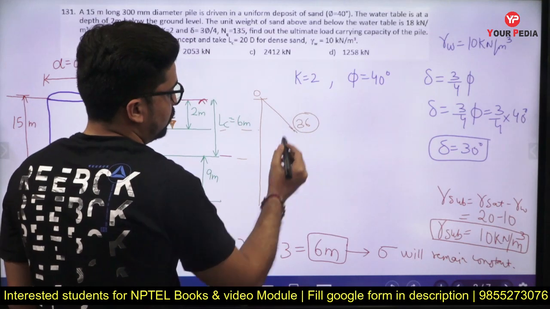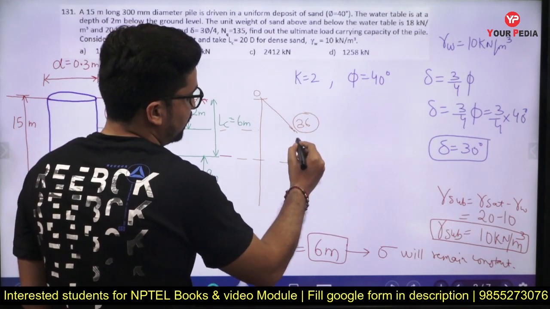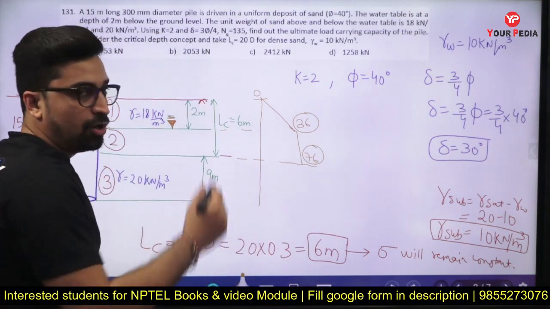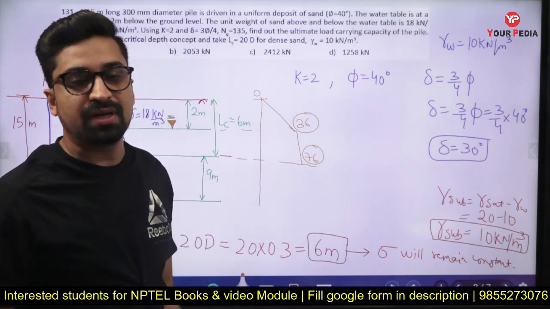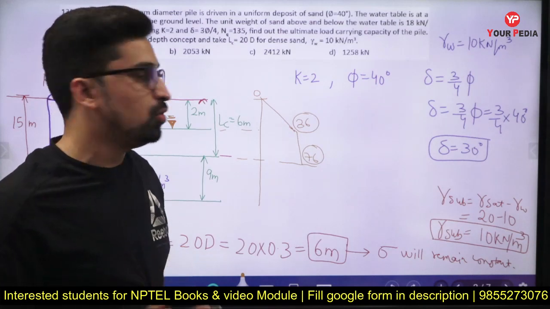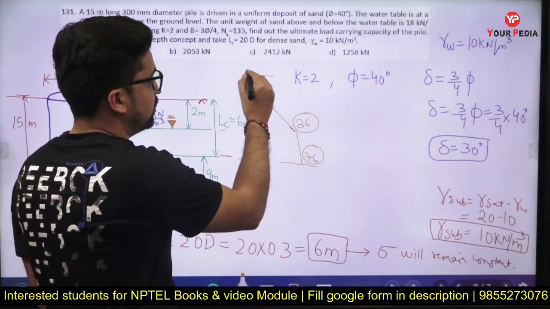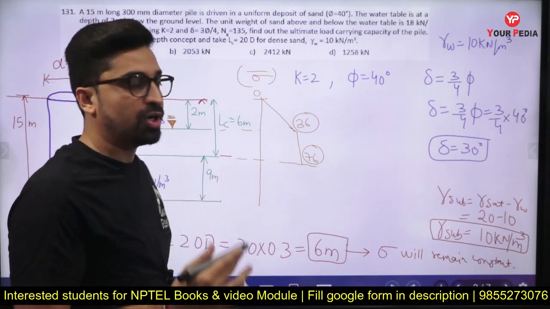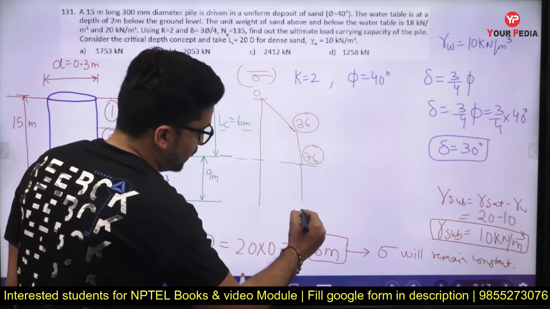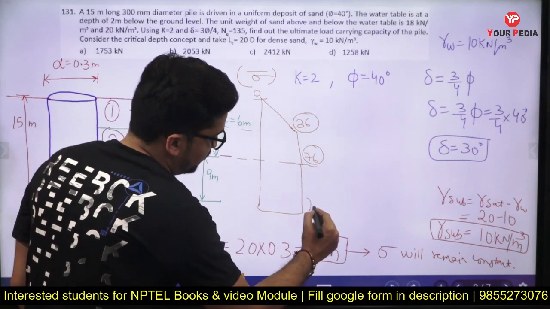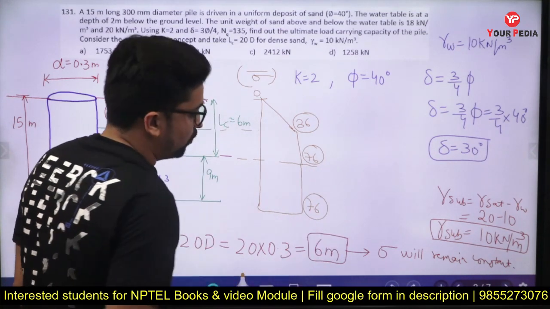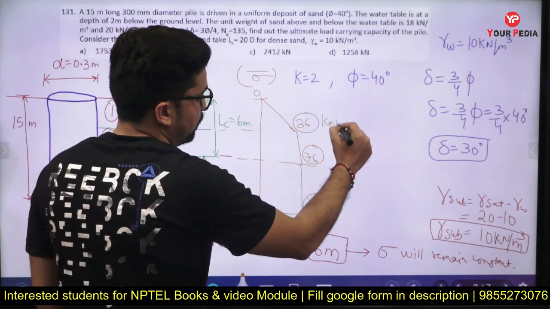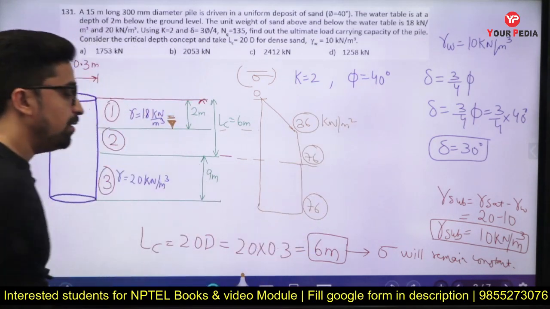Beyond this, from 2 to 6 meter depth, it becomes equal to 76 kilonewton per meter square, and below 6 meter depth the sigma bar value, this is basically the sigma bar variation, will remain constant till the bottom of the pile. So at the bottom of the pile it will remain equal to 76 kilonewton per meter square.